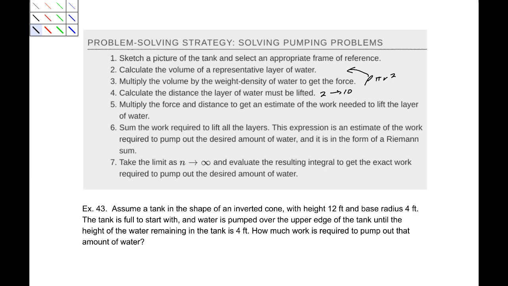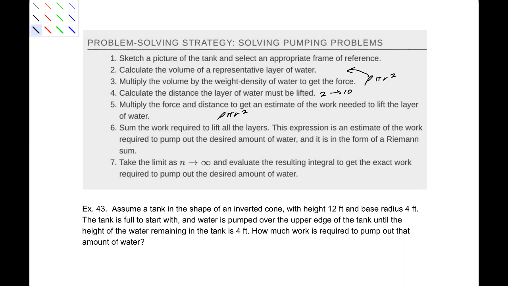Multiply the force and the distance to get an estimate of the work needed to lift the layer of water. So that would be rho pi r squared times x. Now our distance is really the 2 to 10, so that'll come in with our integral. And then sum the work. That's where the integral comes in.